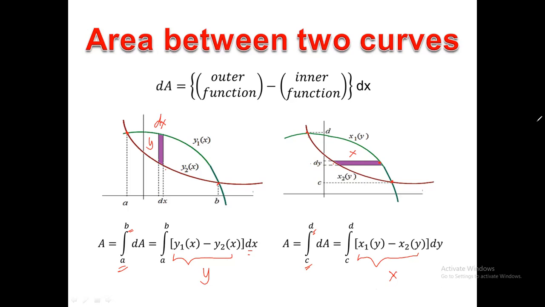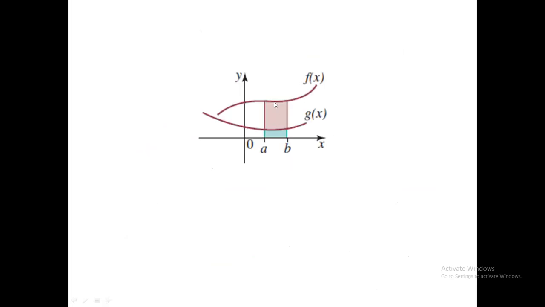Check it. You'll clear the markings. You have this. So the same thing, you can have a vertical element here. So if it's vertical, this is dx and this is y.